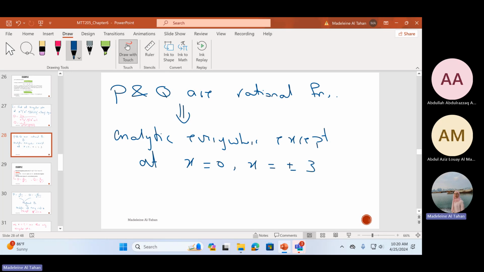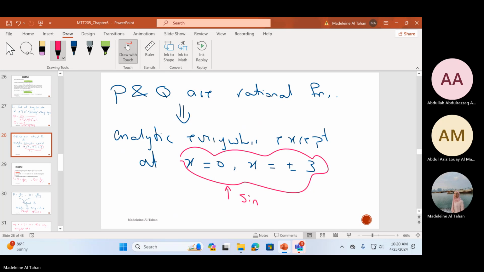So what are our singular points? As we have to say, except when the denominator is equal to 0, which is x equals 0, x equals plus or minus 3. Any questions so far?